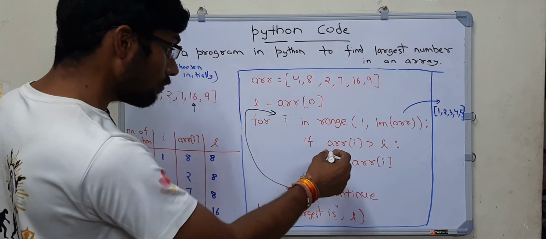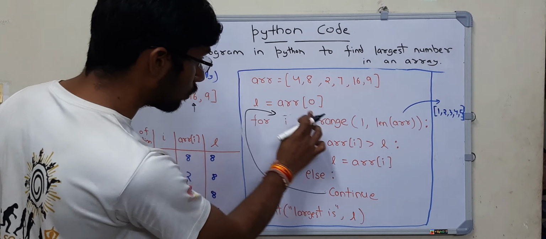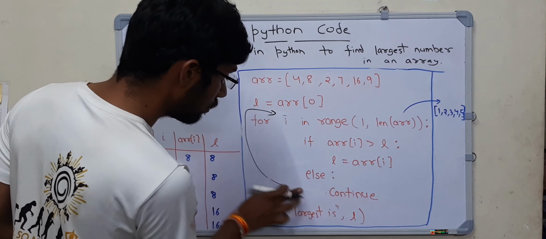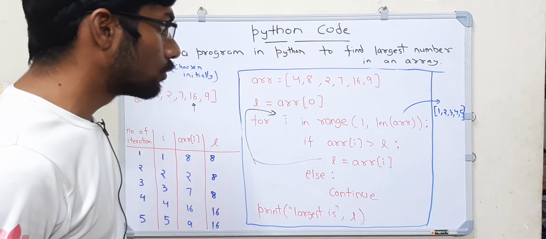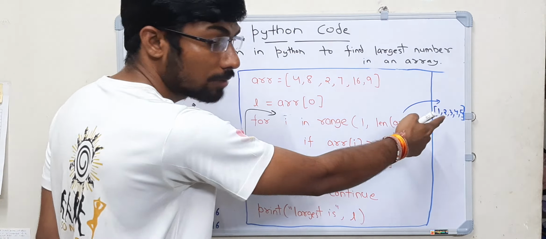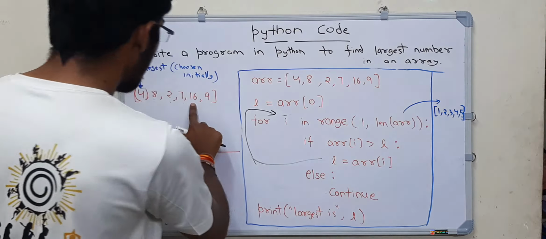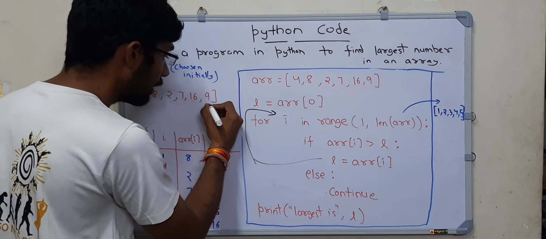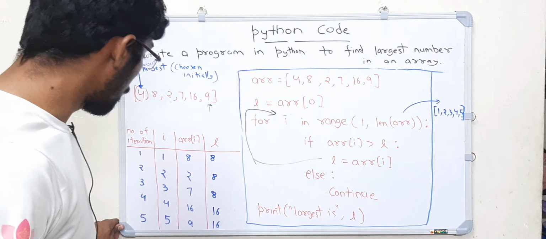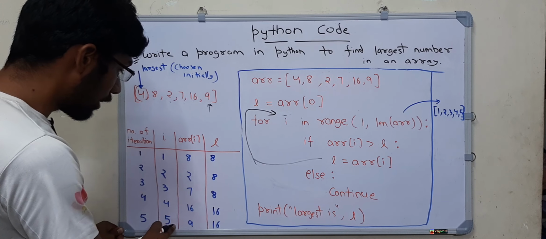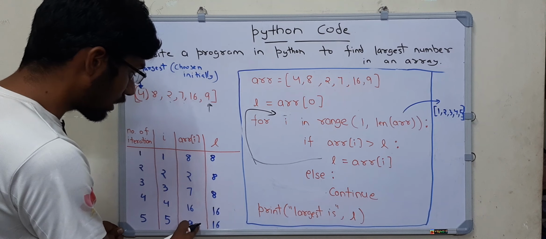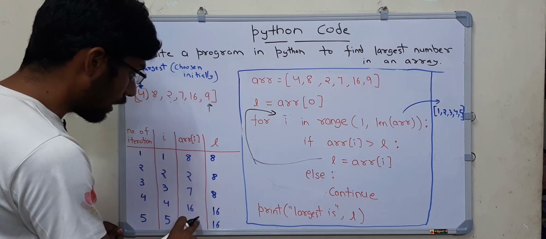Then again, the control will go to the for loop. In the fifth iteration, I will take value 5. At index 5, the element is 9.